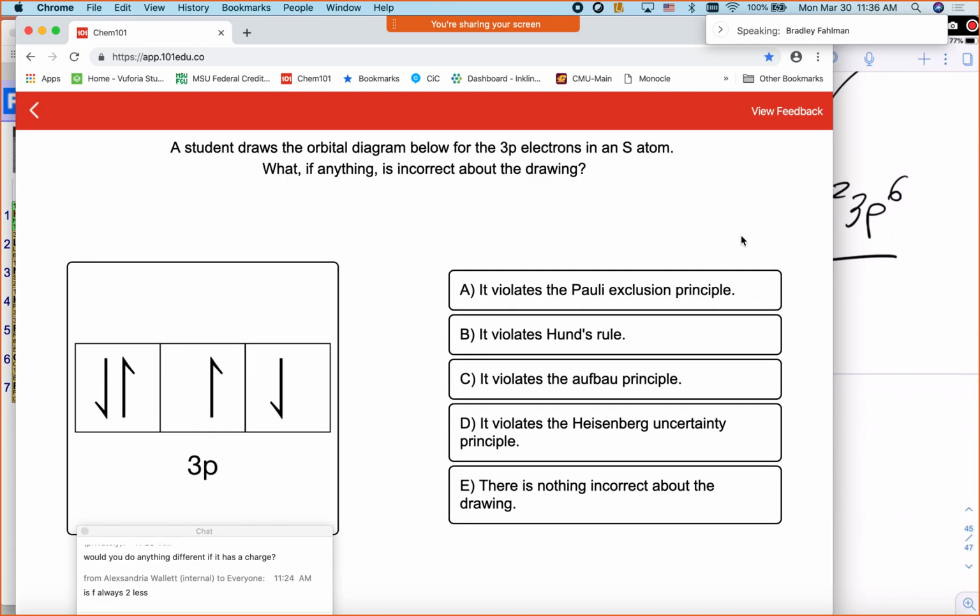Let me blow this up here. For the 3p electrons in a sulfur atom, what is incorrect?